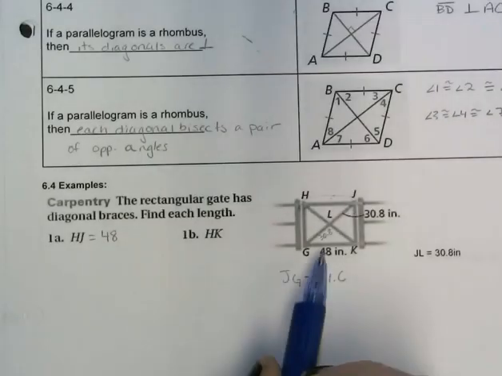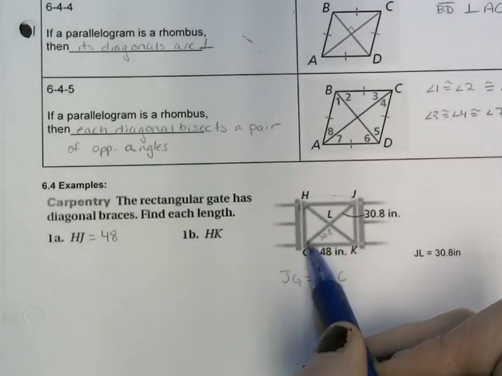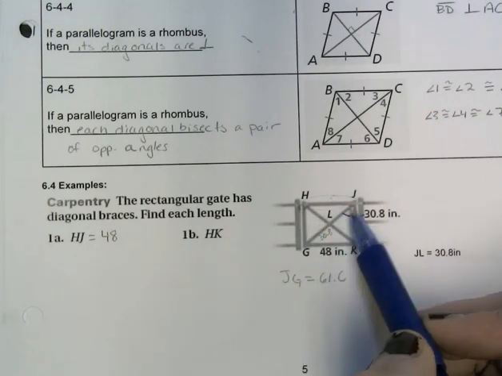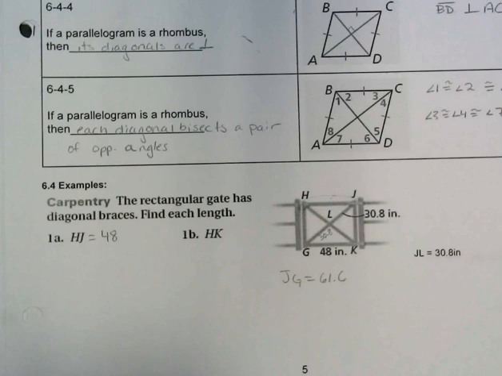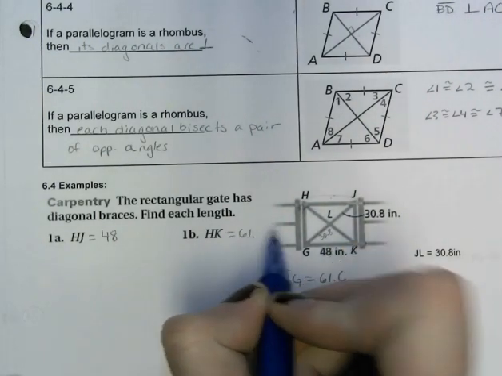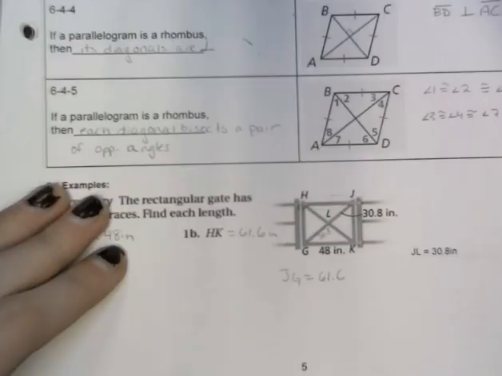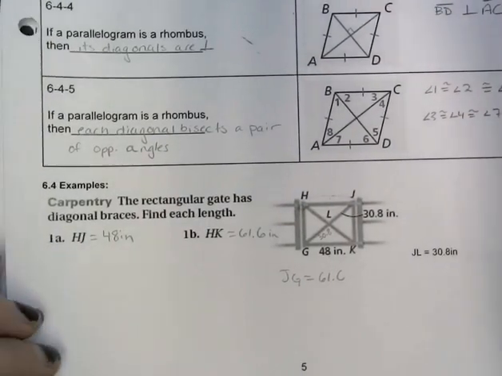If JG is 61.6, and this is a rectangle, HK is congruent to JG. So HK would also be 61.6 inches. And I guess the 48 is in inches as well. We're applying properties of parallelograms as well as our new ones for our special parallelograms.